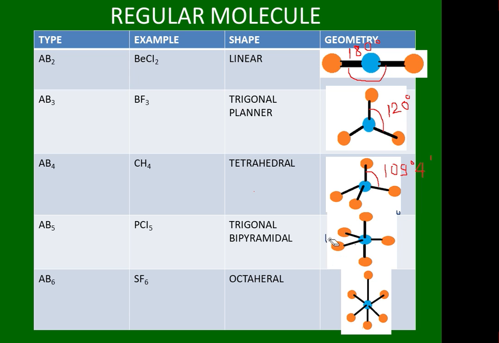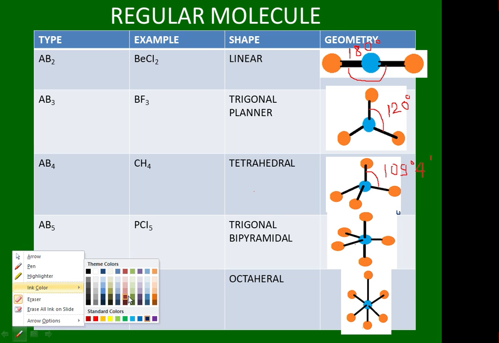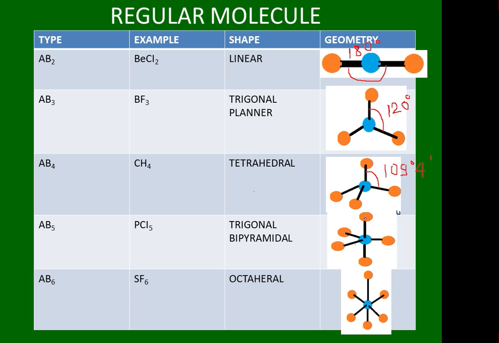Here, connect the apexes of all the three. If we connect all these apexes, then we get a pyramid here and one pyramid at the bottom side. Basically, this is all about the geometry of regular molecules.